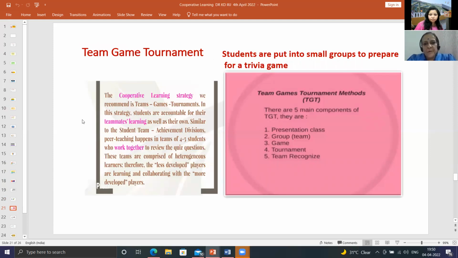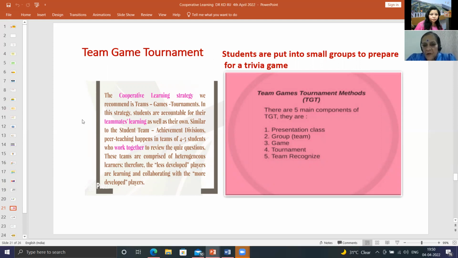Then team game tournament. In this technique, students are put into small groups to prepare for a trivia game. There are 5 main components of team game tournament technique.